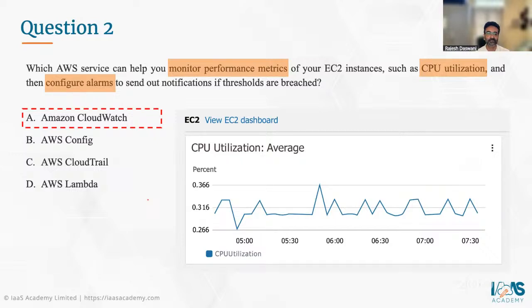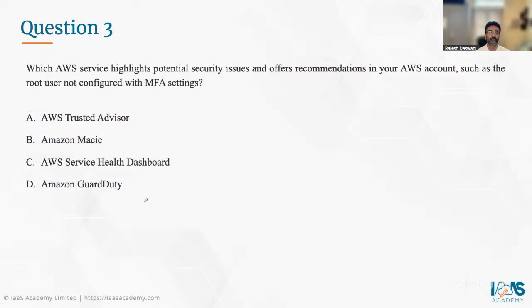Let's take a look at another question. Which AWS service highlights potential security issues and offers recommendations in your AWS account, such as the root user not configured with MFA settings? So you've got highlighting potential security issues and offering recommendations.